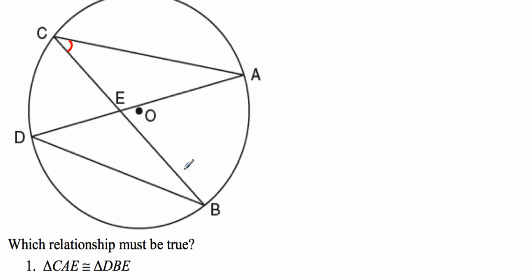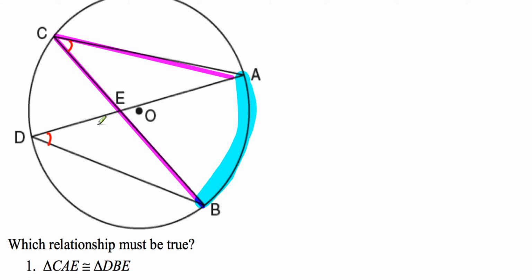Can you guess which angle it might have been? Yes, that's right. It'll be angle D. Why is that? Because if I extend the intercepted arc, you will see that they are sharing arc AB.